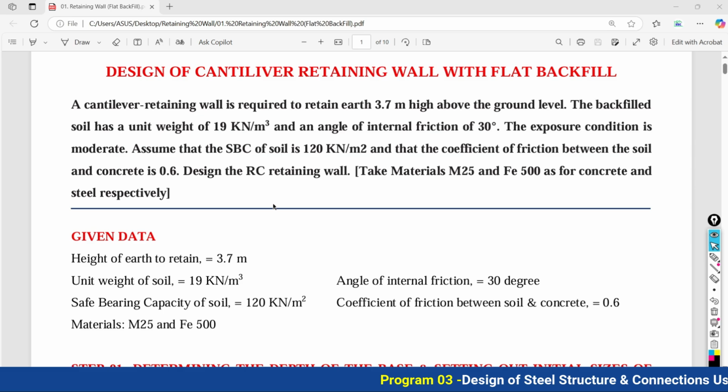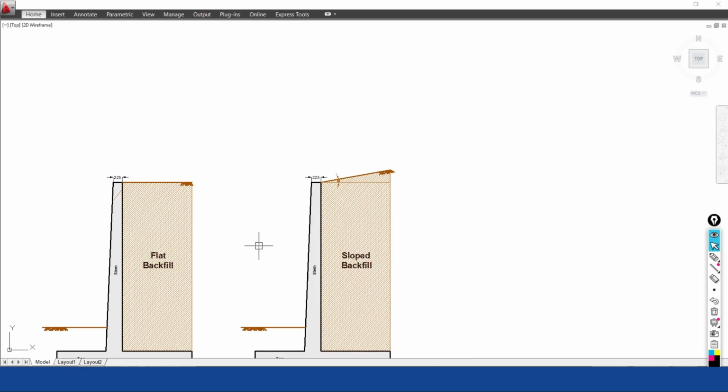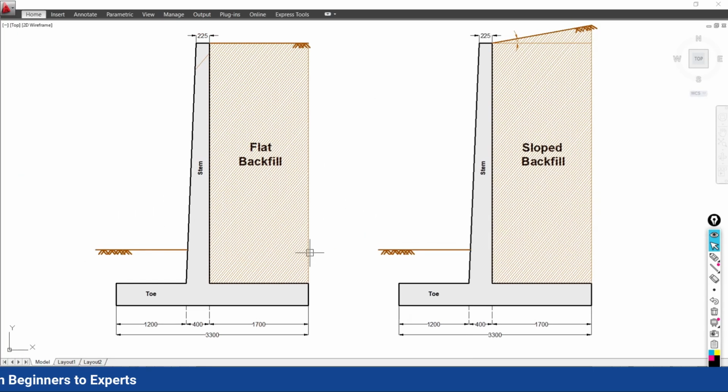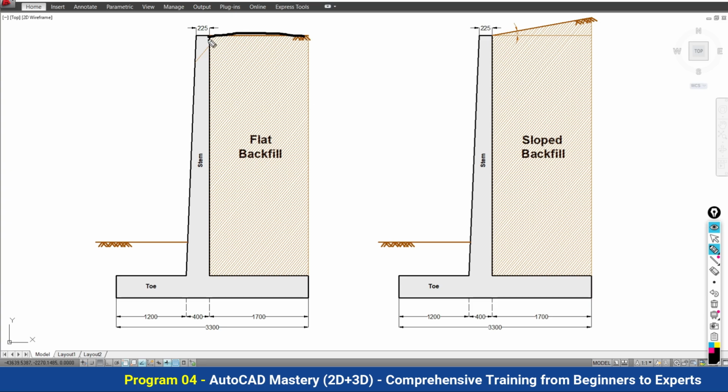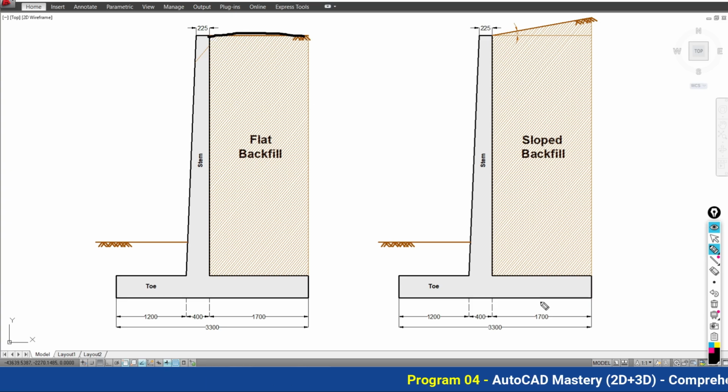So what does it mean by retaining wall with flat backfill and retaining wall with inclined backfill? Let's try to understand. In our proposed case, we have to design the retaining wall which has to retain a backfill which is the flat one. There is no inclination in this backfill. But in this other example, your backfill is having the inclination.